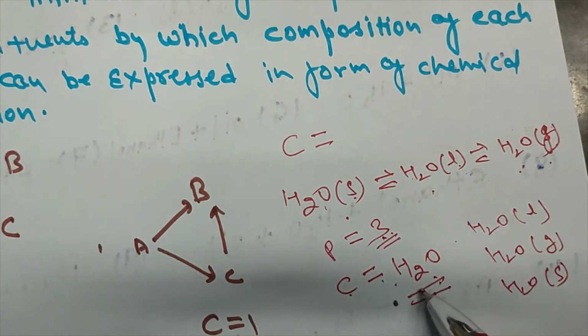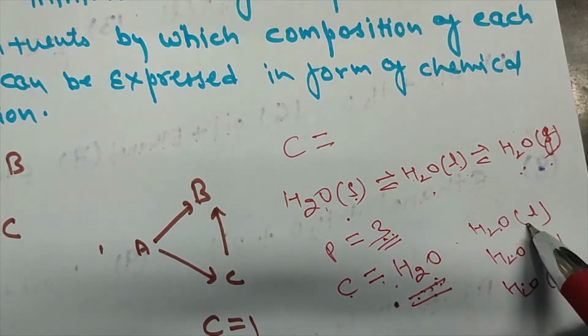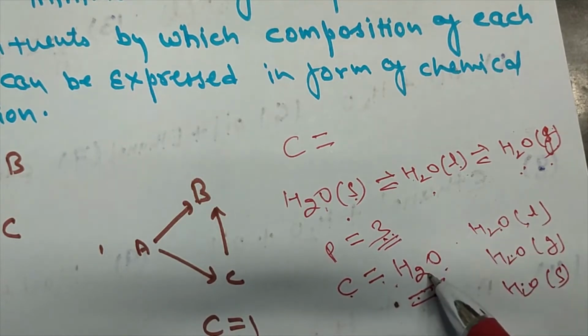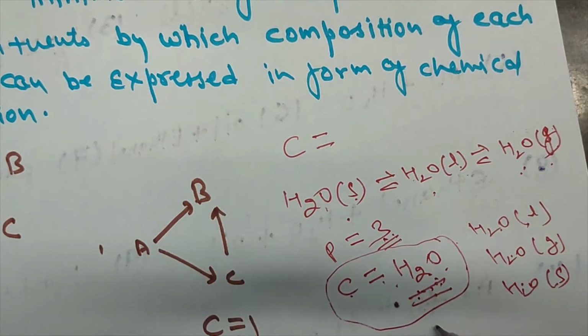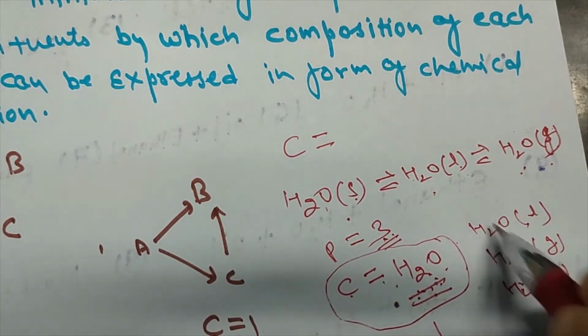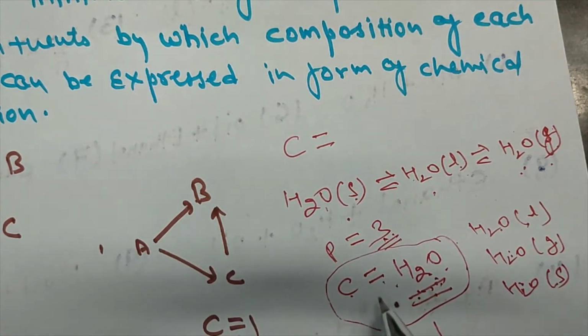What he is saying is the minimum number of chemical compounds which can explain all the phases. This liquid phase is also made up of H2O, this gas is also made up of H2O, and this solid is also made up of H2O. So this is the minimum. So what will be the component? The component is 1. One chemical compound can explain all the 3 phases. Simply, the component is the minimum number of chemical compounds which can explain all the given phases.